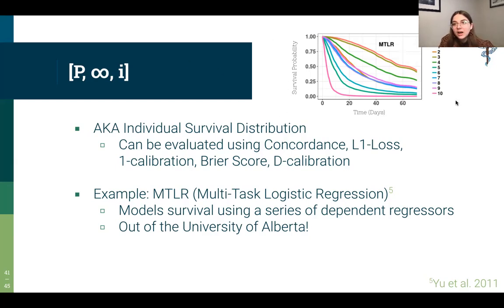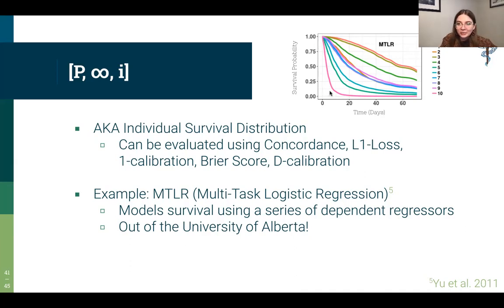Here's an example of what an MTLR model output would look like. So we have these 10 different patients, and MTLR was able to predict what the patient's individualized survival curve would look like. So again, patient 1 here looks like, out of all of them, I would want to be this first patient. Their prognosis doesn't look too bad.